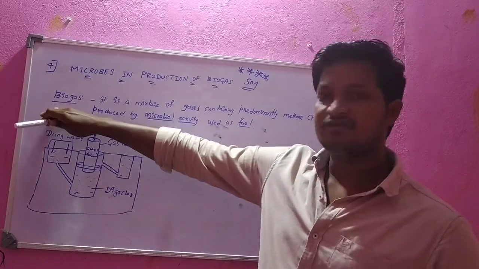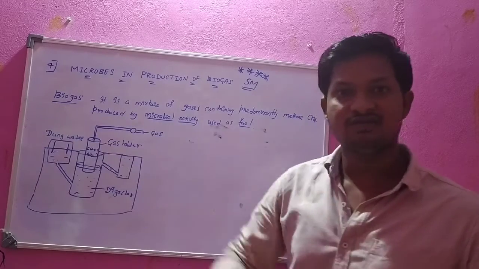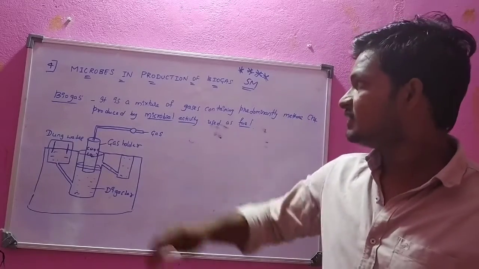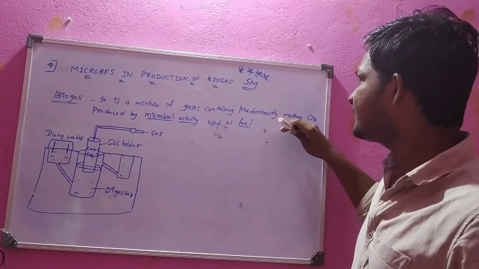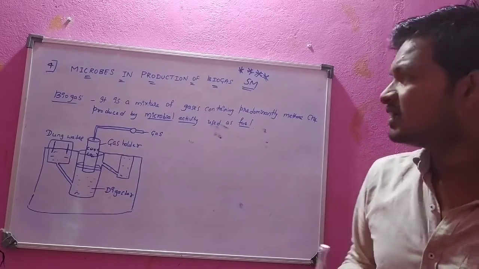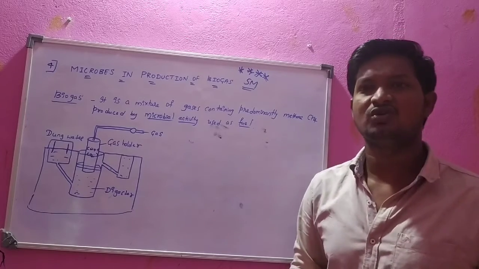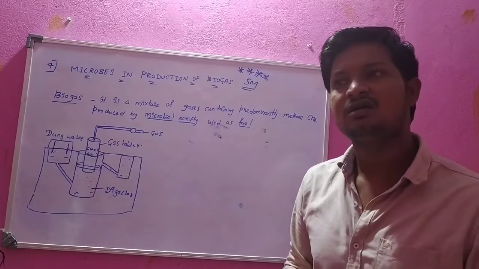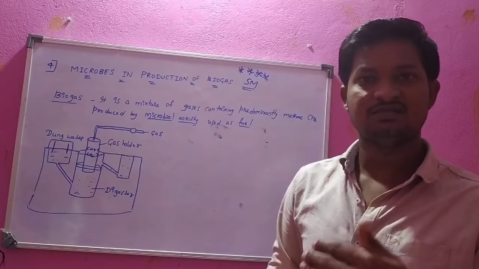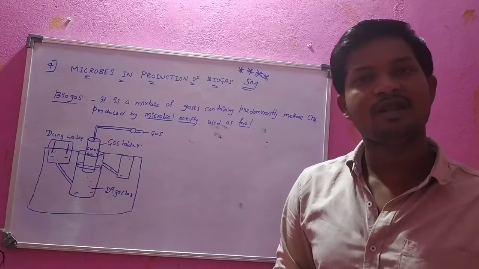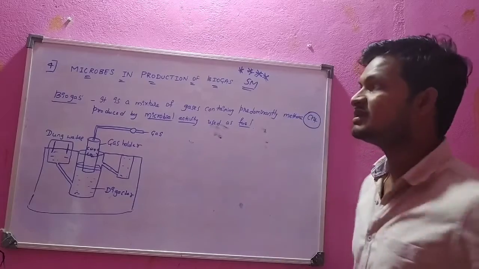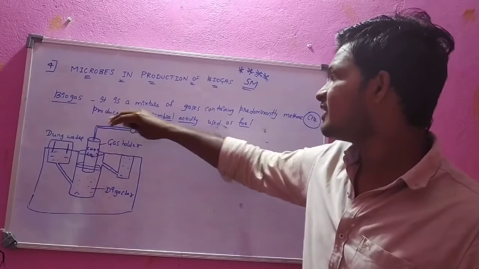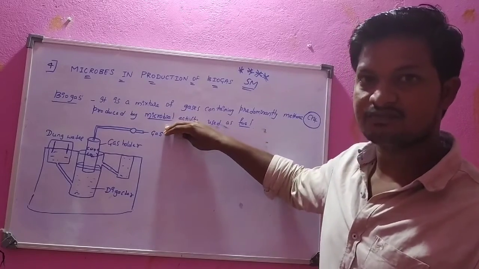Here is the proper definition for biogas. It is a mixture of gases containing predominantly methane. It is a mixture of gases, not only one gas. It predominantly contains methane, that is CH4, produced by microbial activity.